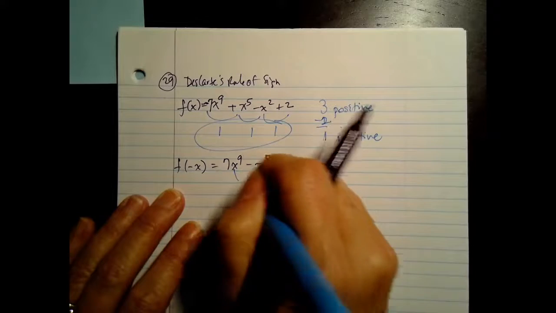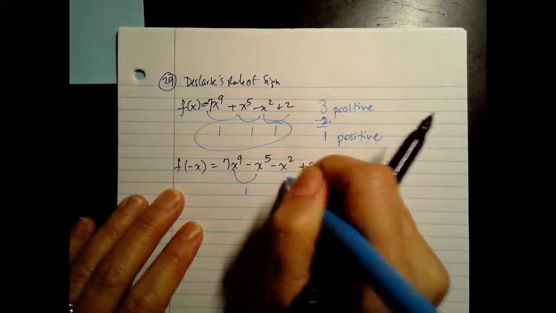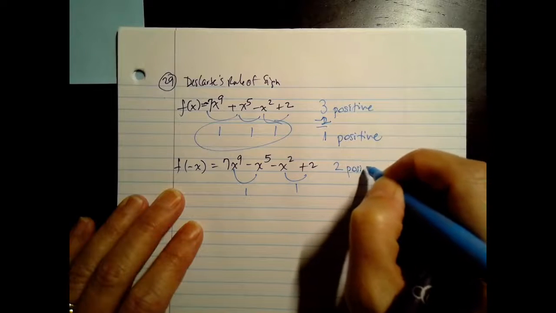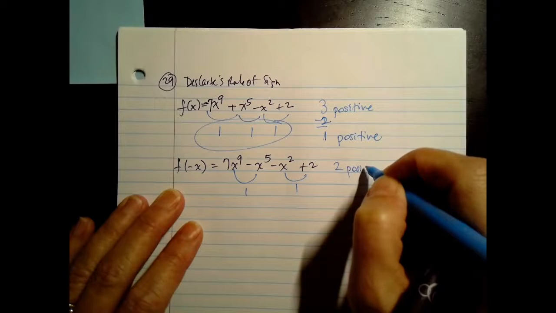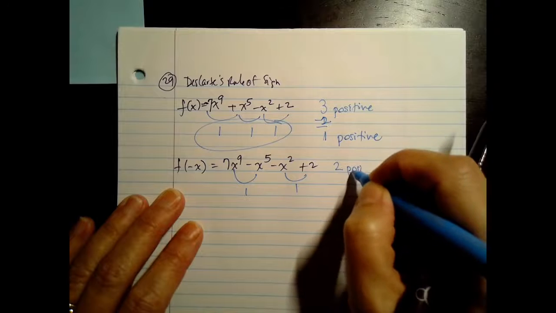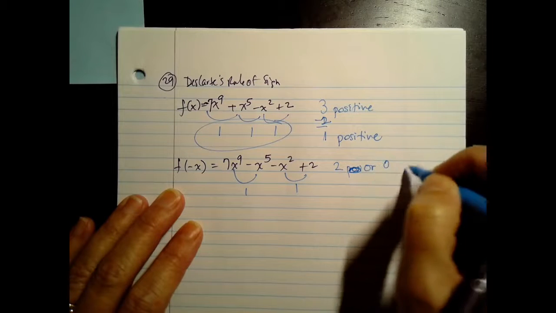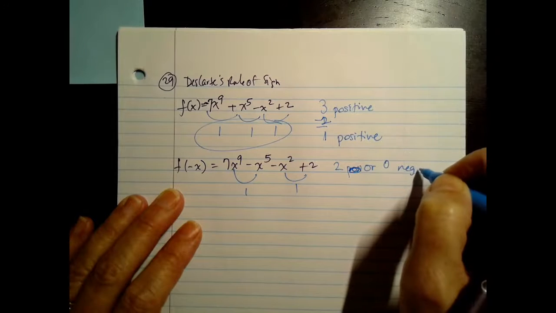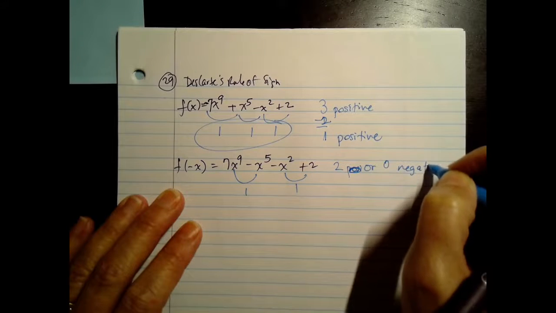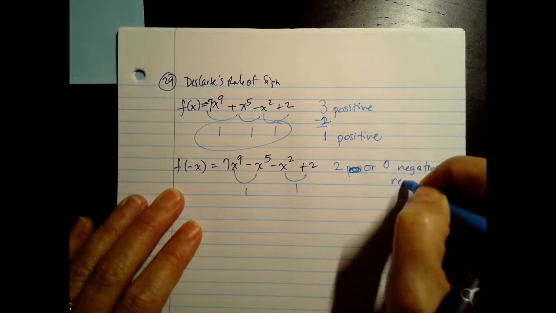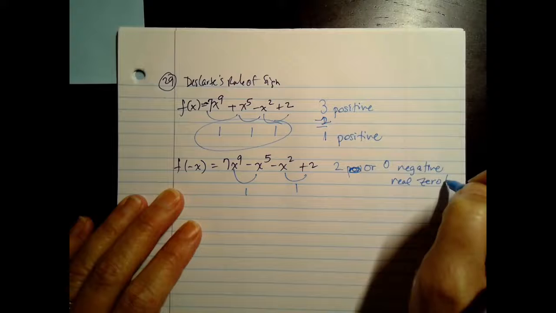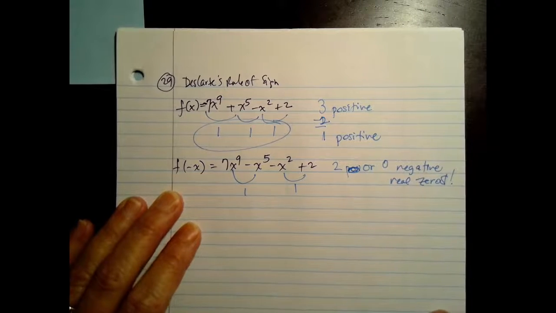So check your sign changes. You got 1 here, that's the same. You got 1 here, so this says either 2 or 0 negative real zeros. Okay.